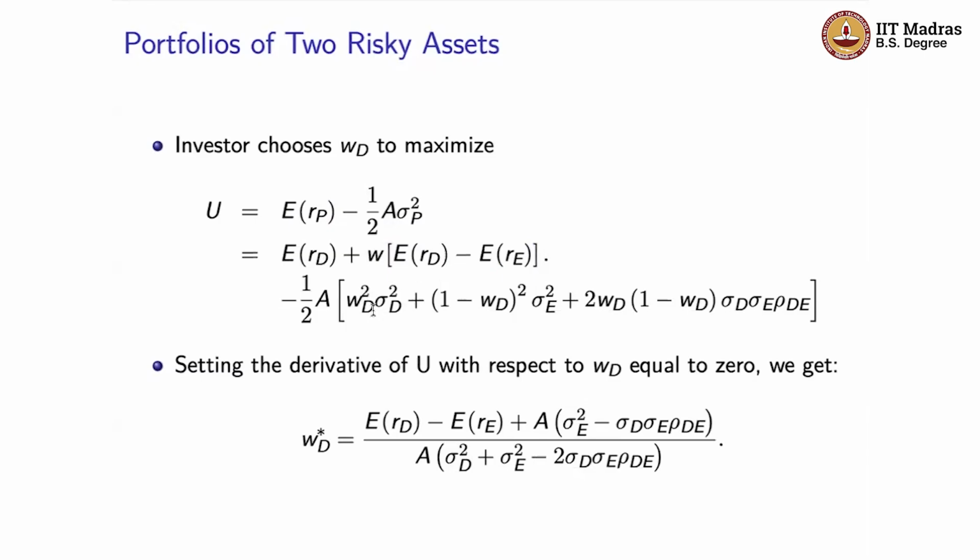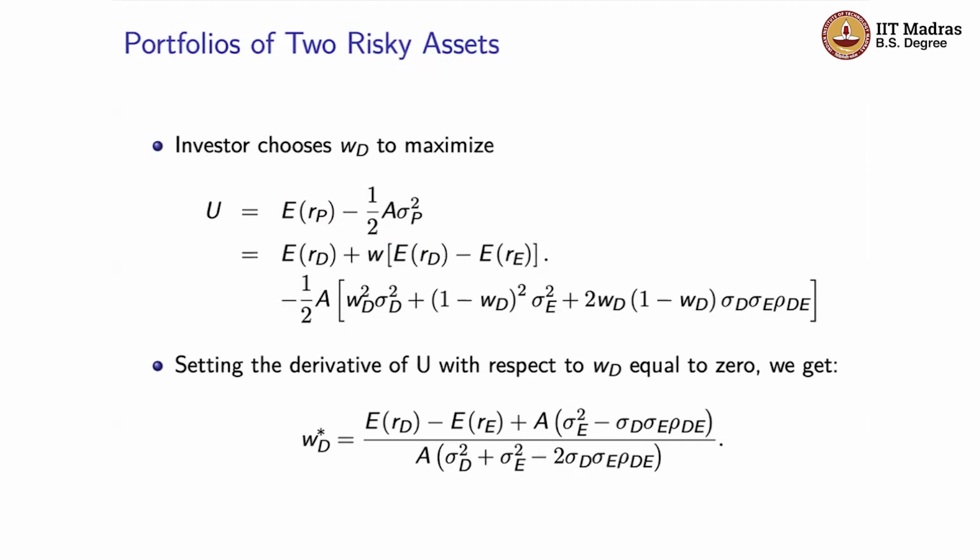So again, this becomes an optimization problem involving one variable, and you can take the derivative with respect to WD, set it equal to 0, and you end up basically getting a linear equation in WD, which you can solve and get an expression for W star D that you see here, right?